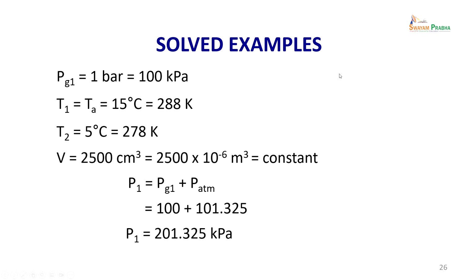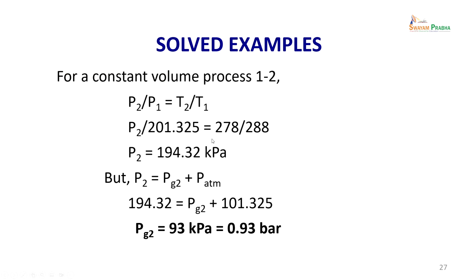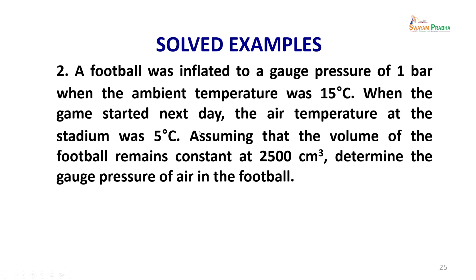So, first let us write the given data. This is numerical question number 2. Let us write the given data one by one. A football was inflated to a gauge pressure of 1 bar.